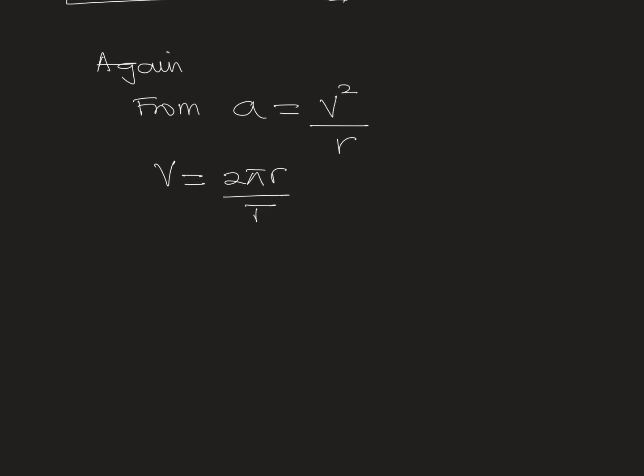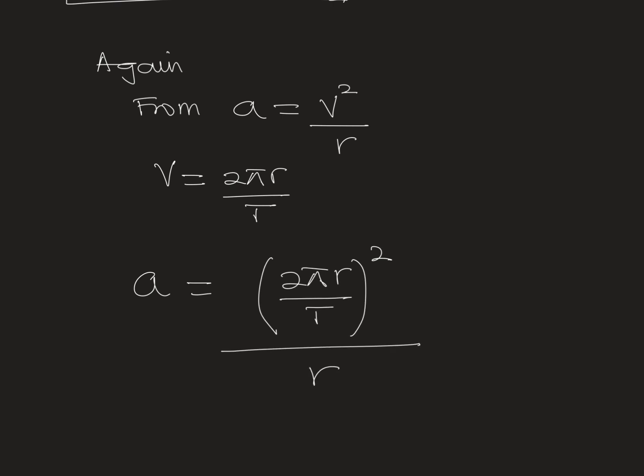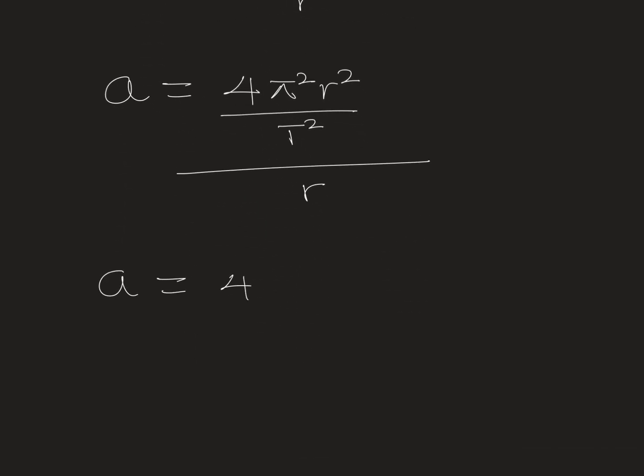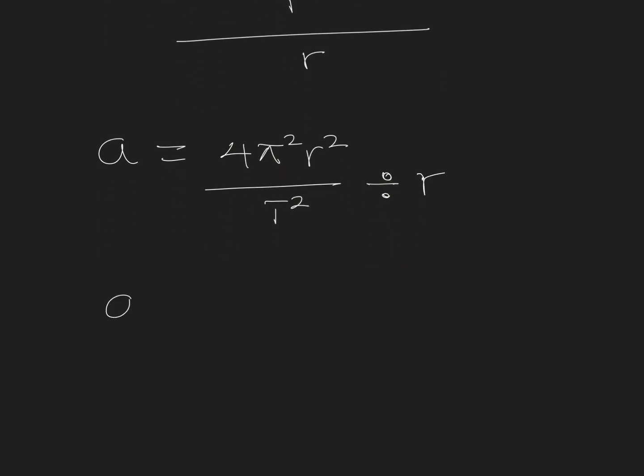If I substitute that into this equation, we have acceleration equal to V, which is 2 pi R all over the period, all squared, divided by R. So acceleration will be 2 squared is 4, pi squared, R squared, divided by T squared, divided by R. So acceleration is 4 pi squared R squared divided by T squared, times 1 all over R.